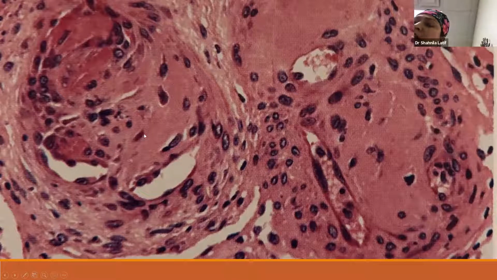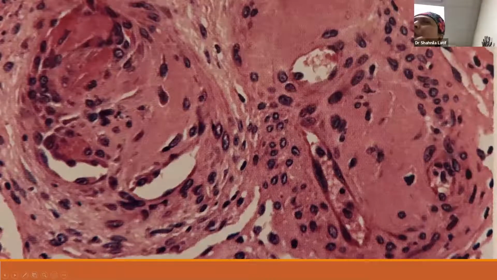This gave you a TMA picture, a thrombotic microangiopathy in the kidney. One more thing I want to discuss: in lupus, class 3 and 5 can happen, 3 and 4 can happen. And the last one is class 6, which is basically end stage kidney.